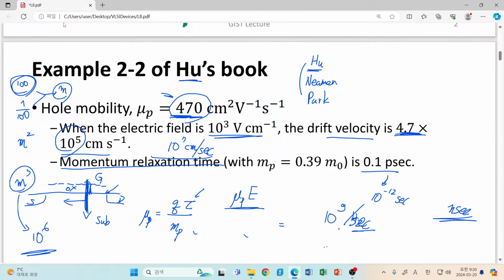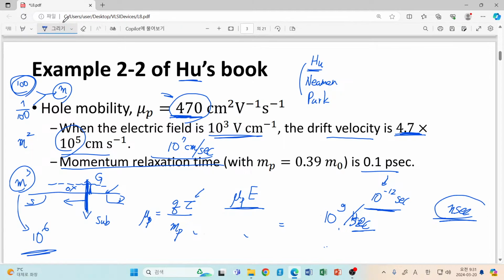Your device is now operated in gigahertz, in the nanosecond scale, but your momentum relaxation time is around just 0.1 picosecond. So it can be regarded as much shorter than the nominal time scale of your electronic device operation.